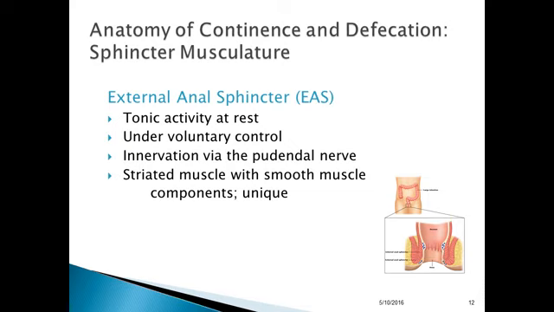A gentle stroke with a finger or cotton swab at the 3 and 9 o'clock positions around the anus will elicit what's called an anal wink. This is an observable, quick contraction of the external anal sphincter and indicates the pudendal nerve is intact.